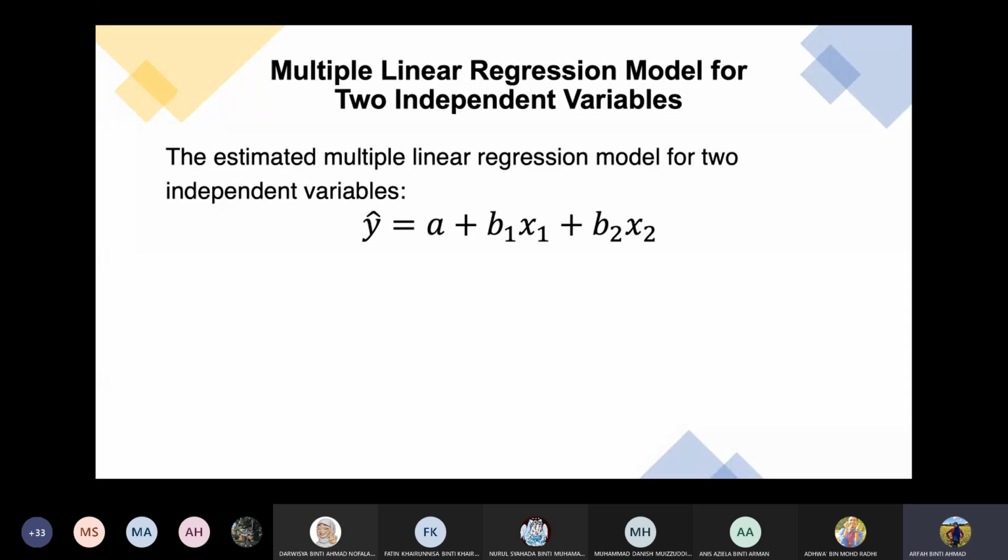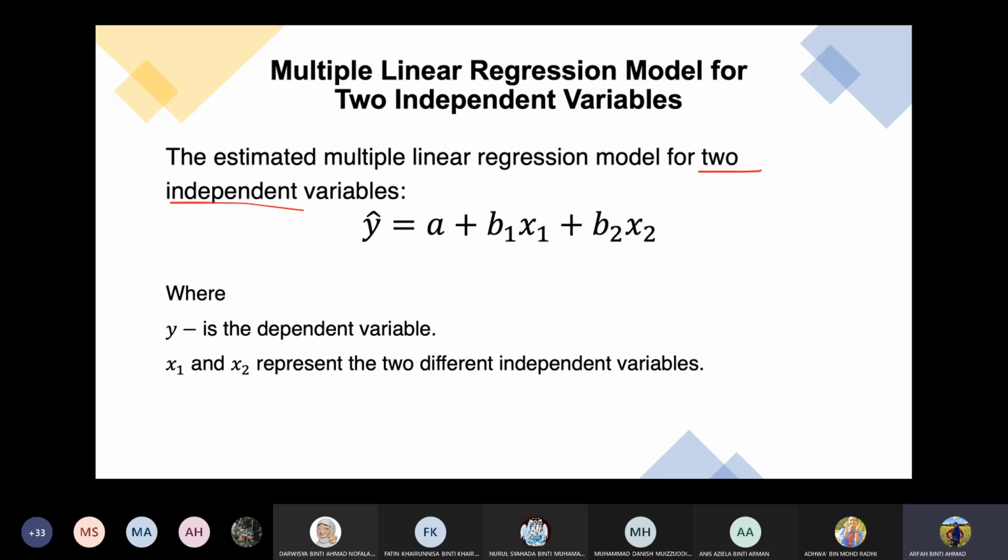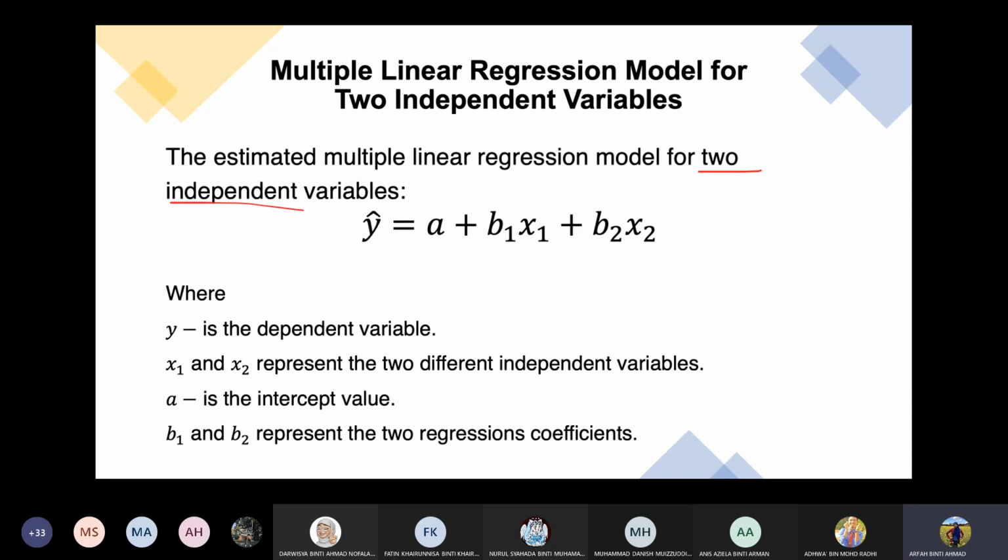Let's say kita tengok contoh untuk dua independent variable dahulu, that is X1 and X2. So this is the model yang mana Y adalah dependent variable, and then X1 and X2 represent the two different independent variables. A is the intercept and B1, B2 is the regression coefficient for X1 dan juga X2.